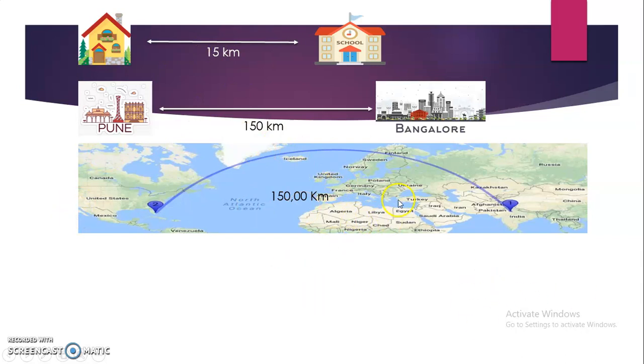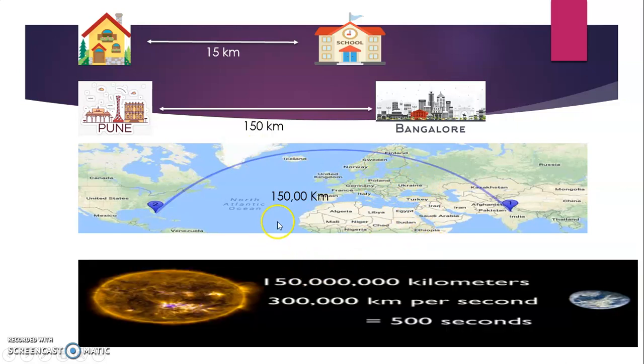What if we think about the distance from the earth to the sun? It is 150 million kilometers. This represents 7 zeros over here. So this is 150 million kilometers, the distance between the earth and the sun. So there should be some system.